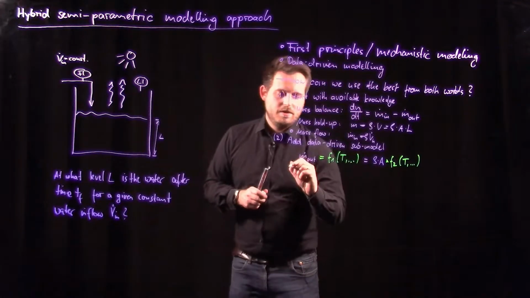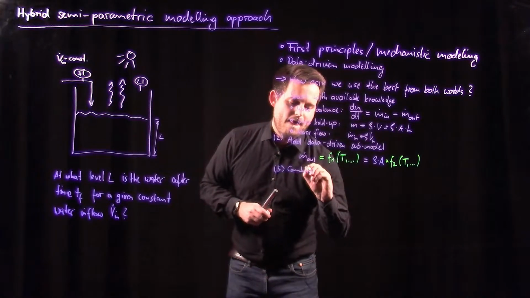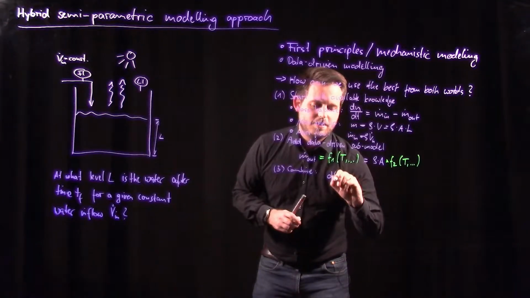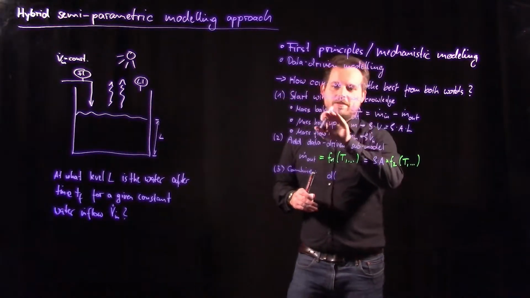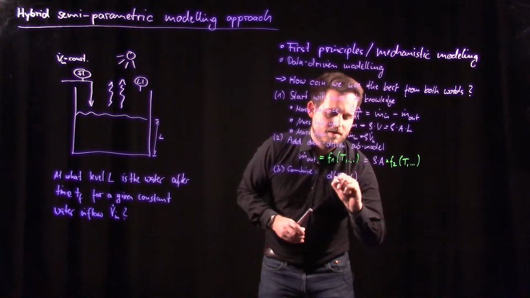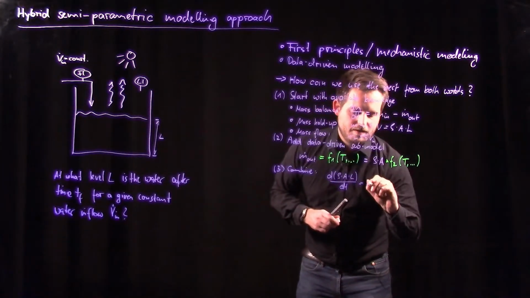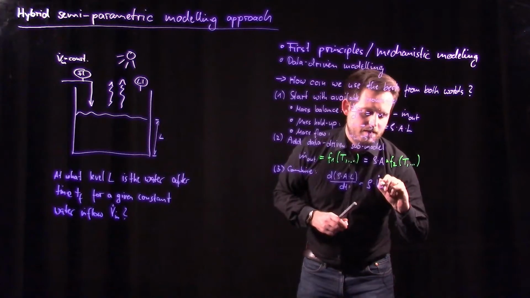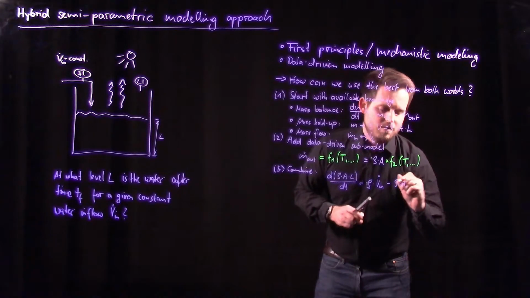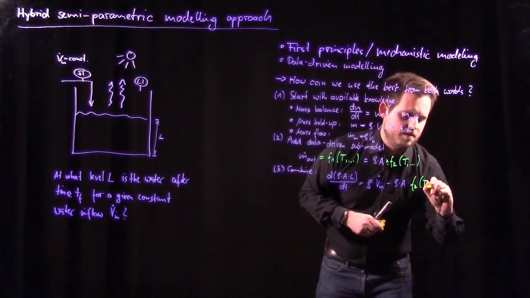And now we could combine and just say, okay, we have this differential equation, we put into the mass balance this whole thing, so it's rho times A times delta L divided by delta T, and then what goes in and what goes out times my F2 from T and so on.